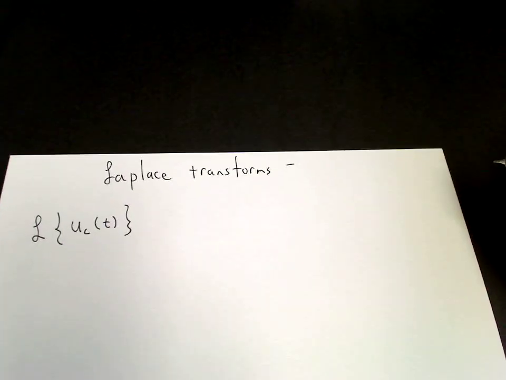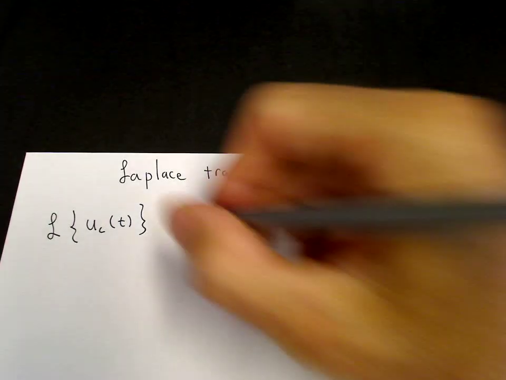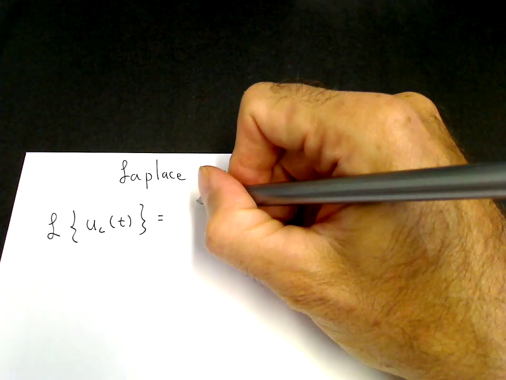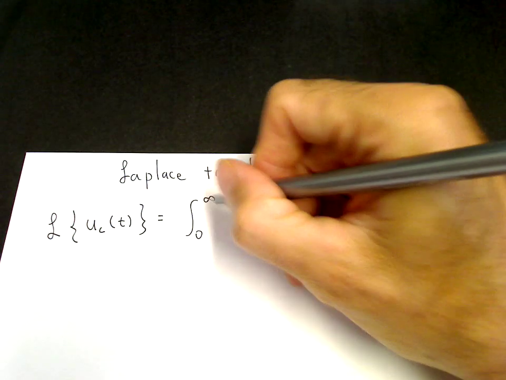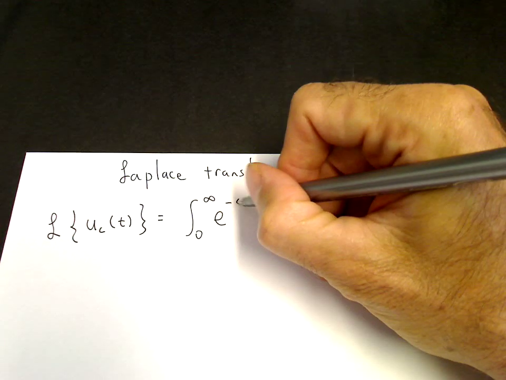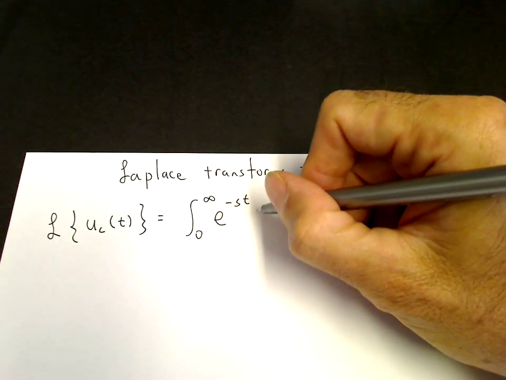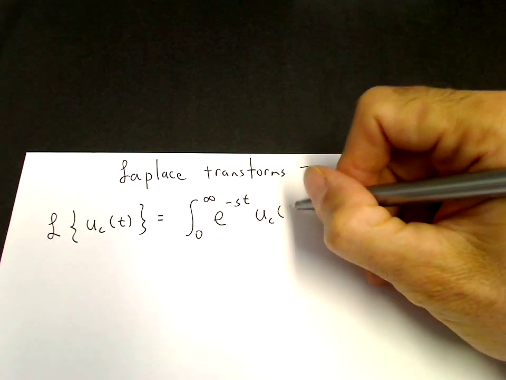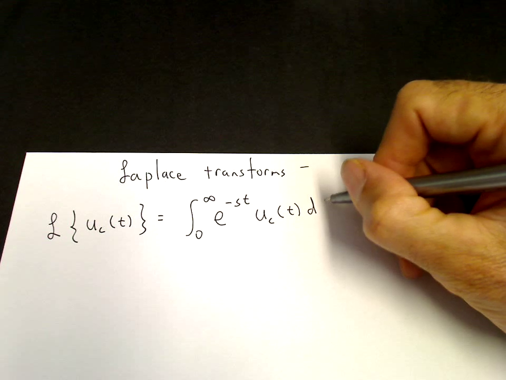From the definition of the Laplace transform, it is the integral from 0 to infinity of e to the minus st times u sub c of t dt.